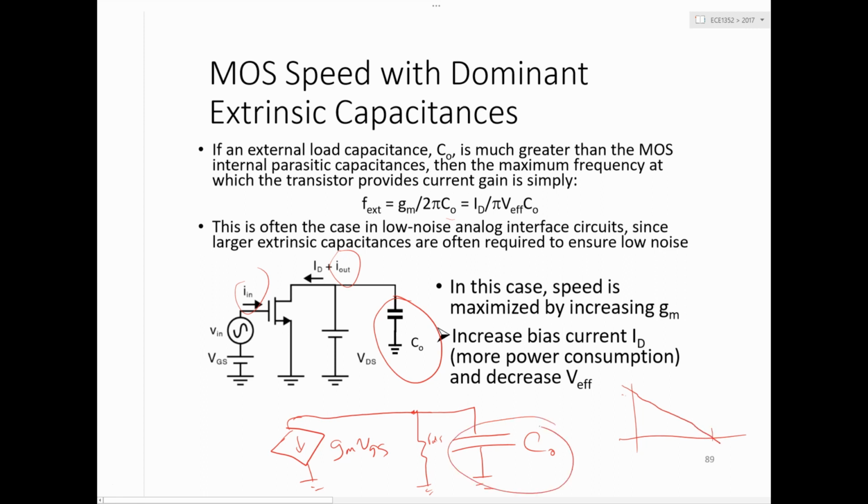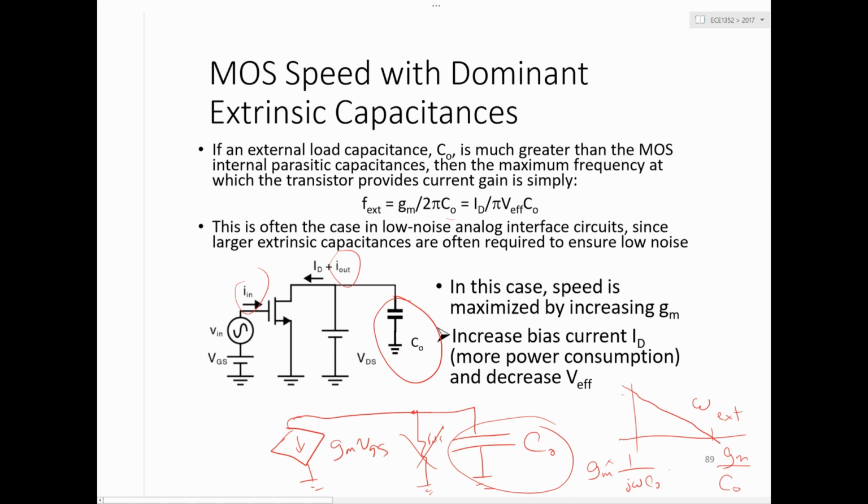As the impedance of CO decreases, you get this point at which, if we write this in terms of radians per second, that's the frequency where the gain is GM times 1 over j omega CO, if I neglect this RDS at high frequency.